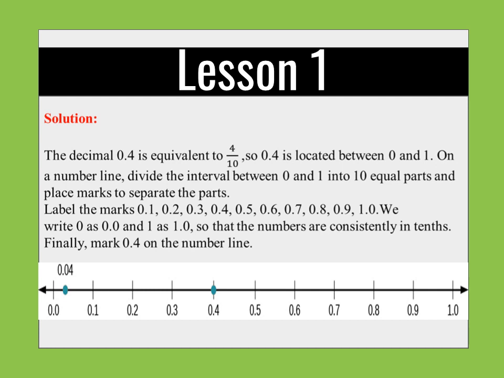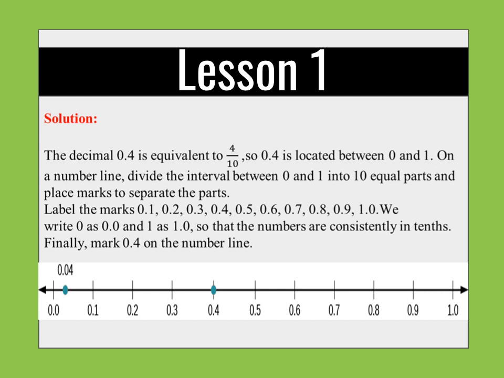The decimal 0.4 is equivalent to 4/10. So, 0.4 is located between 0 and 1. On a number line, divide the intervals between 0 and 1 into 10 equal parts and place marks to separate the parts.